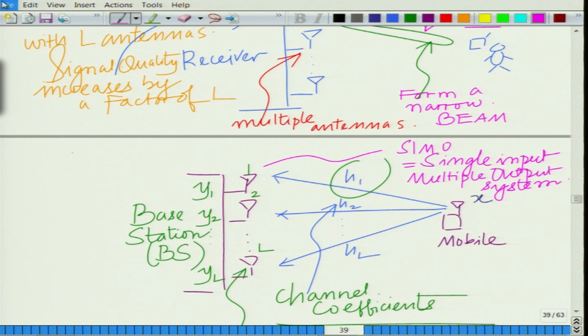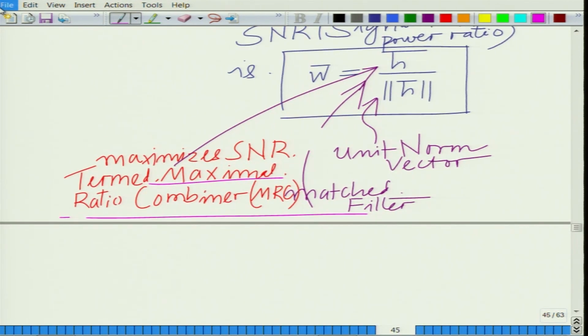So, you have multiple antennas at the receiver, and in that what we have shown is that the optimal beamformer, which maximizes the signal to noise power ratio, is given by the maximal ratio combiner. This is a very important, very interesting result, and it has interesting applications in modern wireless communications, especially 3G, 4G, 5G, wherever you have multiple antennas at the base station, multiple antennas at the handset.